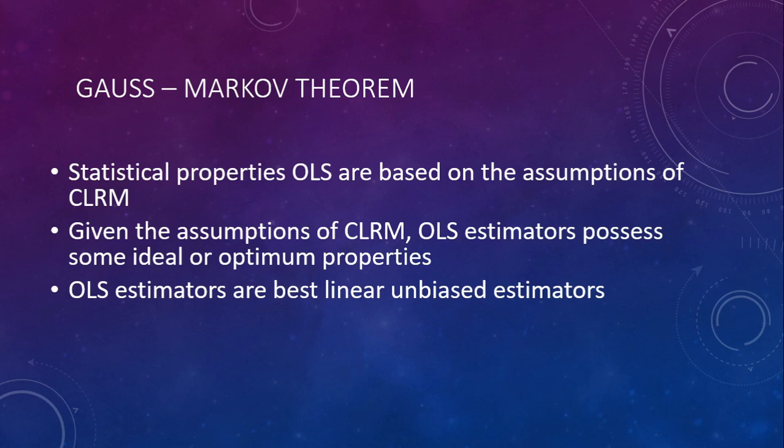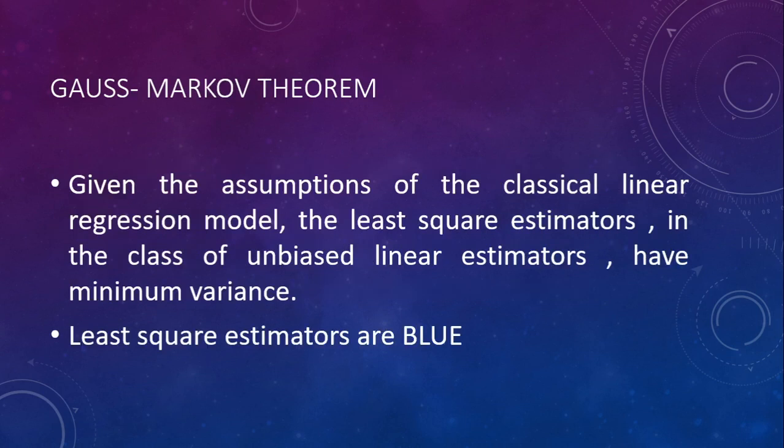That is, when the regression model satisfies all the assumptions of the classical linear regression model, the OLS estimators have some optimum properties. They are the best linear unbiased estimators. So this is the statement of the Gauss-Markov theorem.